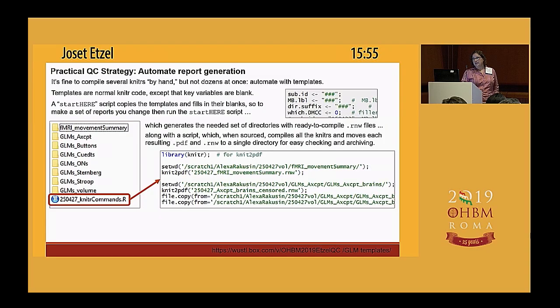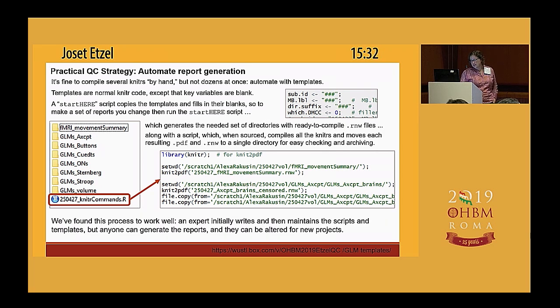So what they do then is just source knitr commands. They just run it. And you can see that it's setting the working directory and then compiling every single PDF and moving it to a directory. And you can see the output of this in the directory, but then we get a full set of results for each person all at once.